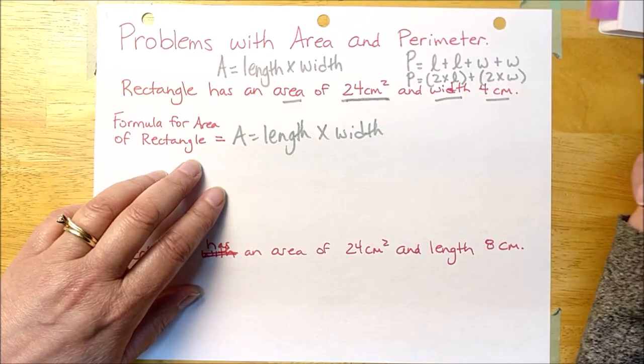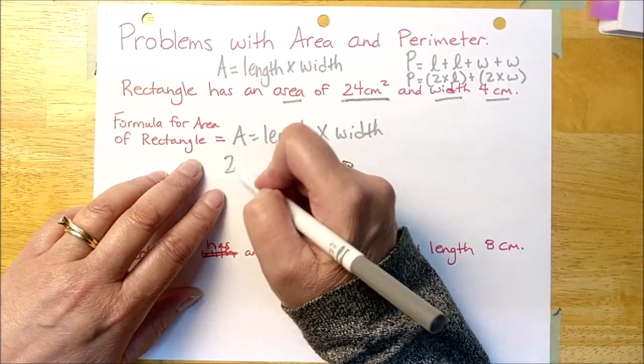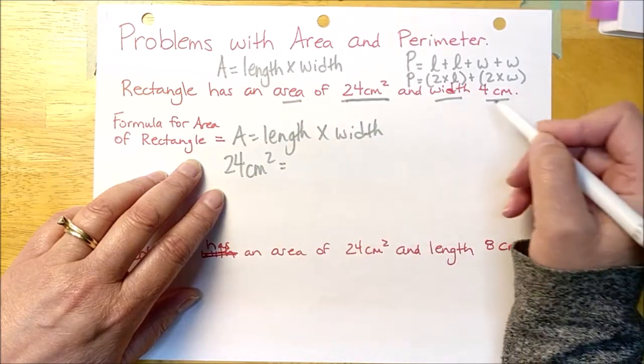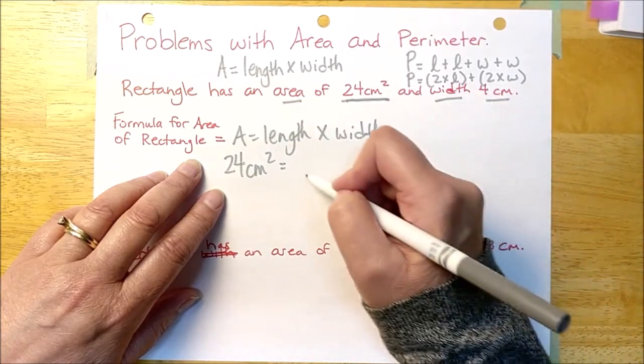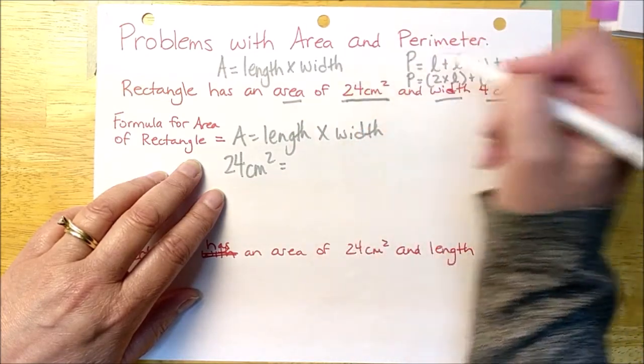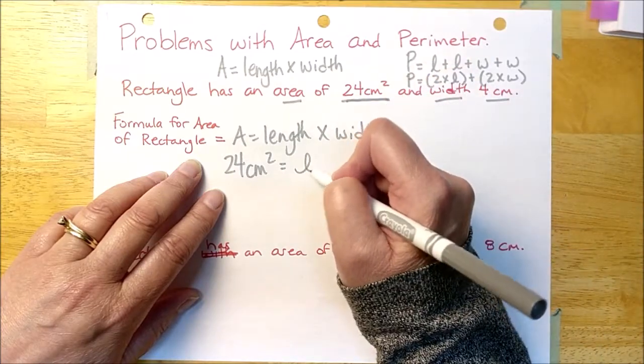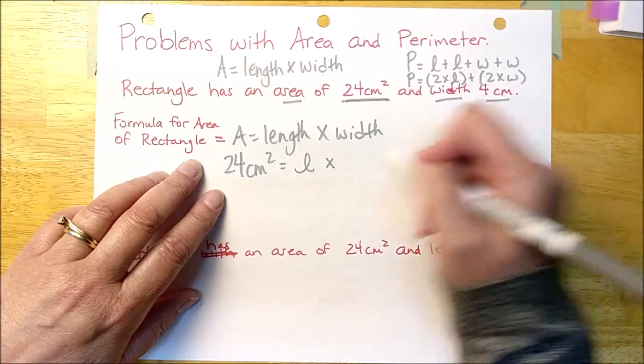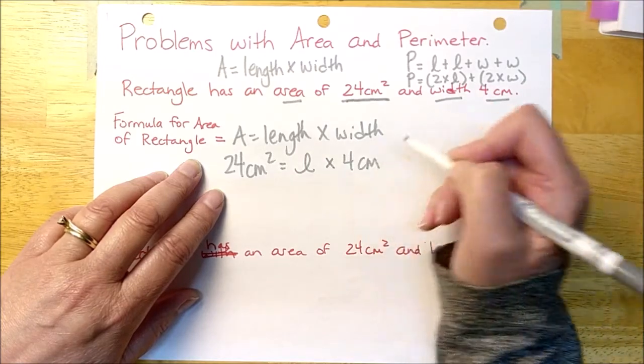And we are missing one of those numbers. We know what the area is. The area is 24 centimeters squared. The length, we don't know what that is. So remember how we always put these letters in? Length will be something times the width, which is 4 centimeters.